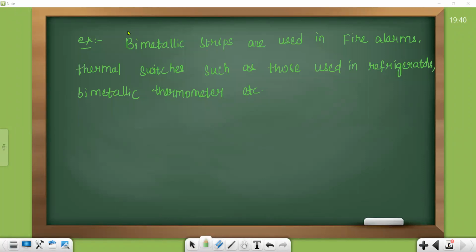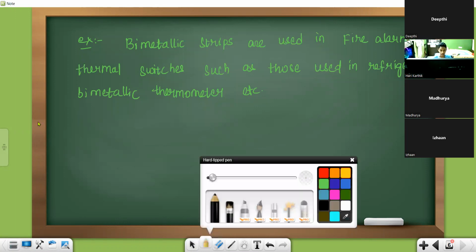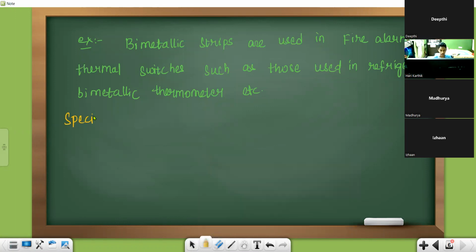Okay, clear? Next important definition is specific heat. You are going to solve numericals on this, and specific heat is very important. What is the meaning of specific, students?